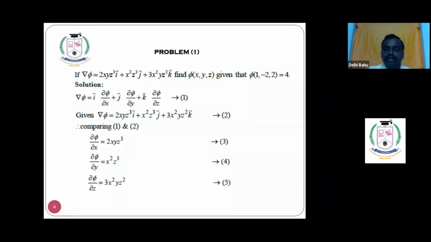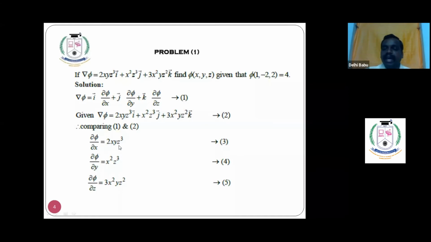But I will do it. So from equation 3, dou phi by dou x equals 2xy z cube. Now I integrate this with respect to x. So 2 is constant. When I am integrating with respect to x, y z cube and the other variables are also constant, so I am integrating only the x term.